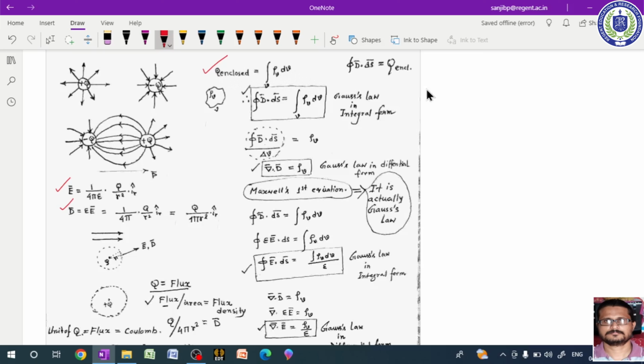Another thing: this volume is enclosed by a surface. If we move throughout all parts of that volume, you will cover the total surface, the total area.